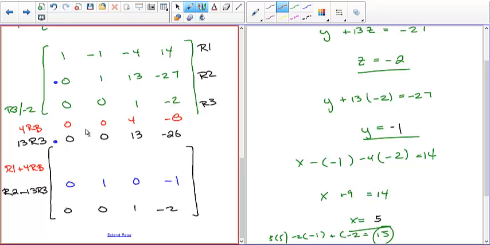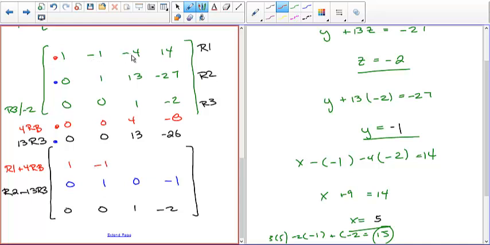Okay, so we're going to take R1. We're going to add 4 times R3. So 1 plus, add the reds together, 1 plus 0 is 1. Negative 1 plus 0 is negative 1.